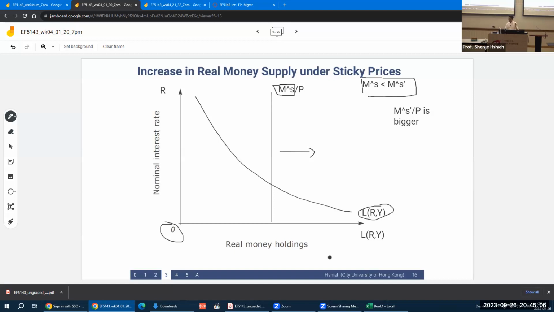And if they decide to increase money supply to a new level, then what you should observe is this vertical line shifting to the right. Away from the origin means that the real money supply should increase. This should be prime here, sorry.